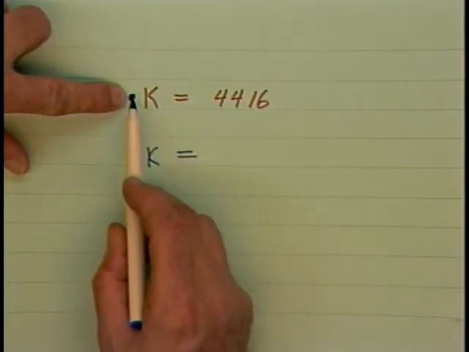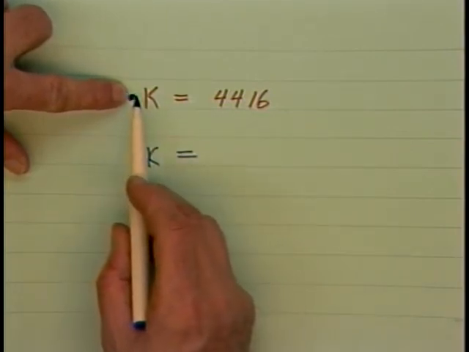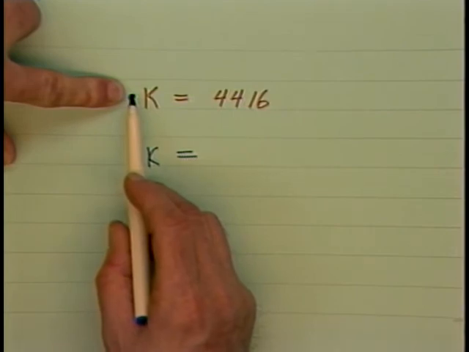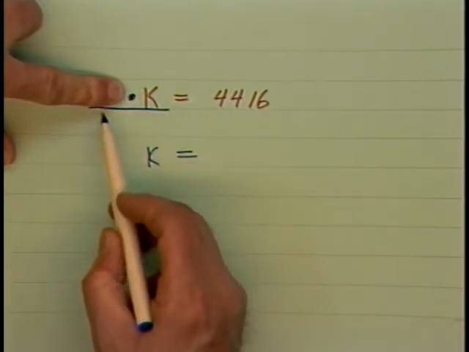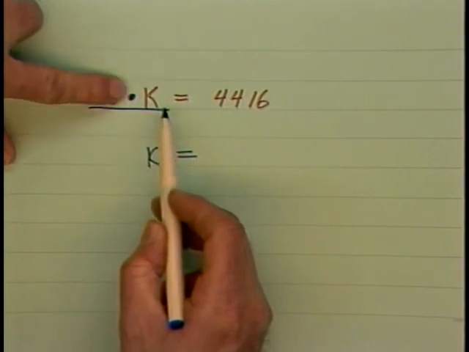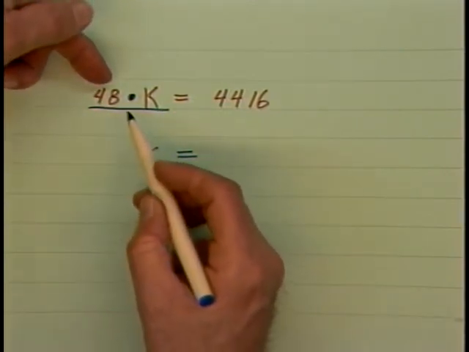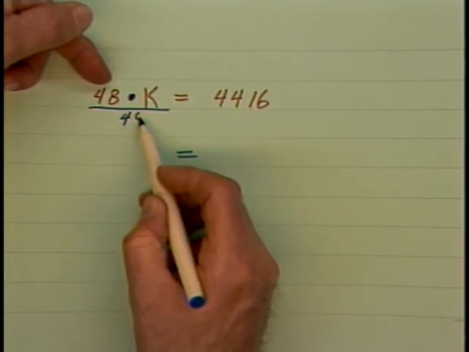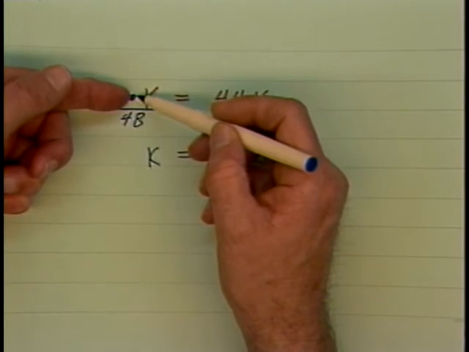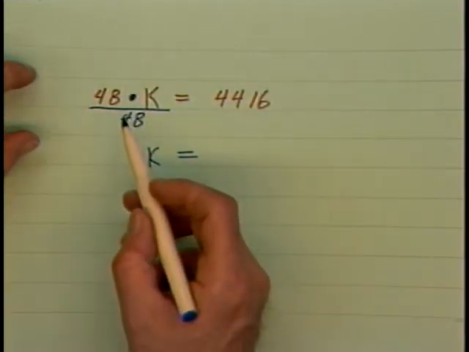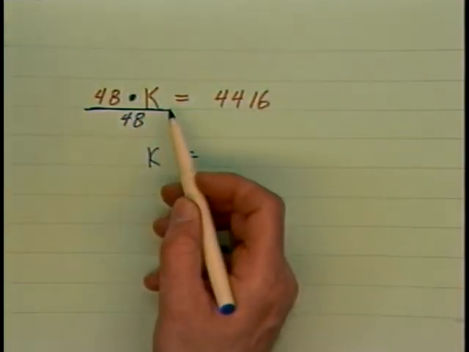So the question is, what operation undoes multiplication? And you undo multiplying by dividing. So this tells me to do this regardless of what this number is. Then as a secondary factor, we decide it is 48 that's doing the multiplying, so we undo multiplying by 48 by dividing by 48.